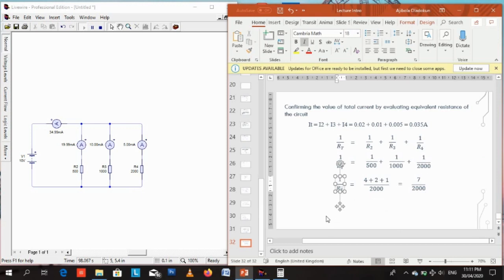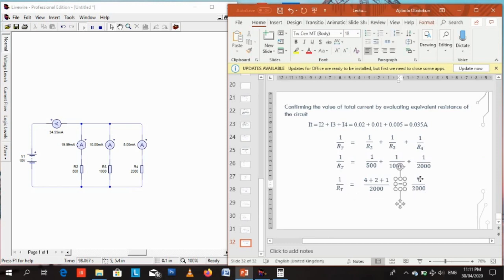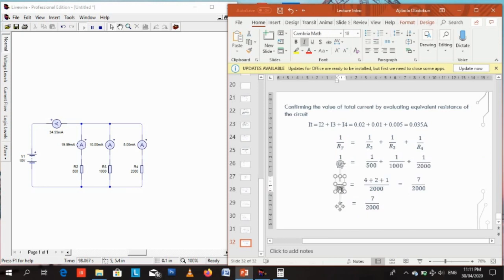To get the actual total resistance, we need to flip the fraction on its head: make the numerator the denominator, and make the denominator the numerator. So RT will now be equal to 2000 over 7.